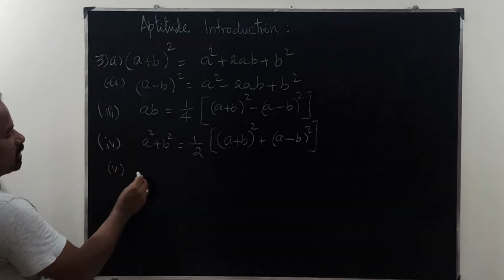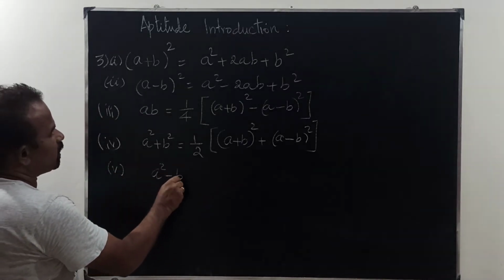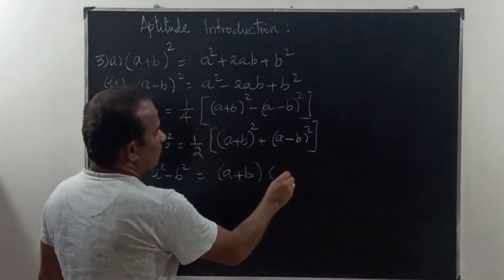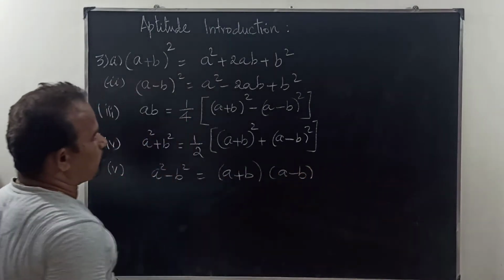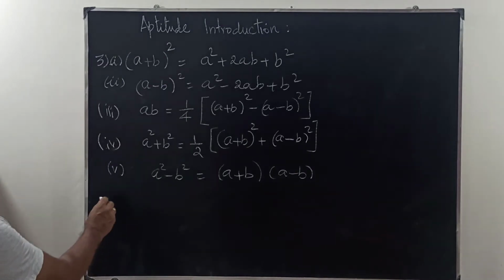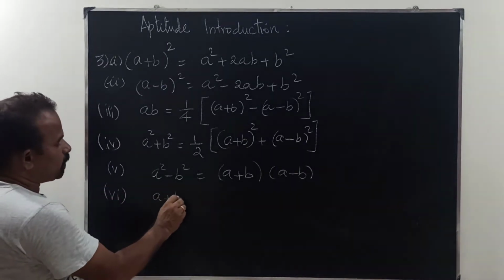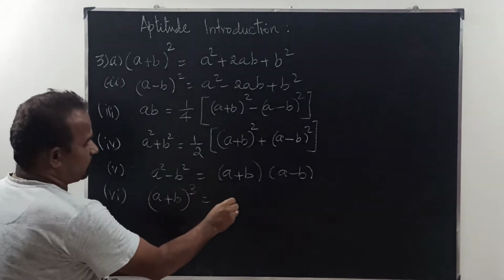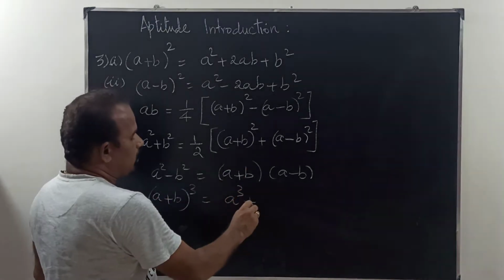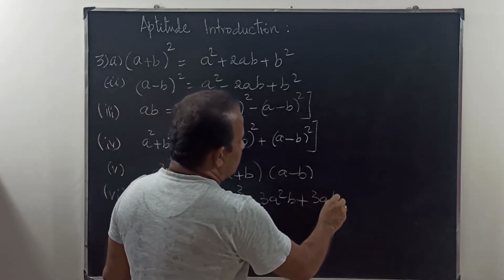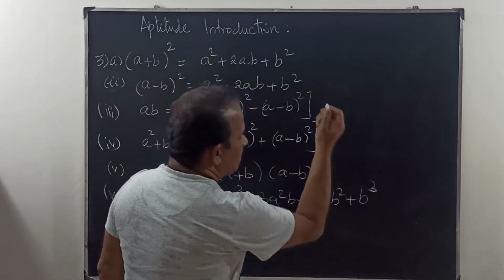Then the next one is a squared minus b squared is equal to (a plus b) into (a minus b). The sixth one is (a plus b) the whole cube is equal to a cube plus 3a squared b plus 3ab squared plus b cube.